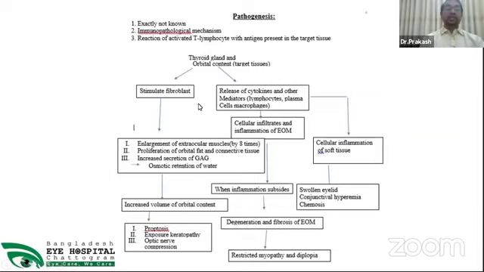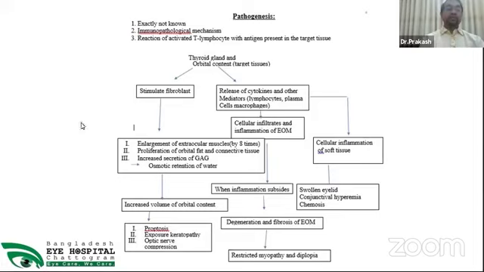So when there is a reaction between the T lymphocytes and the antigens present in the target tissue, one of the target tissues is the fibroblast, and the fibroblasts are located in the extraocular muscles.